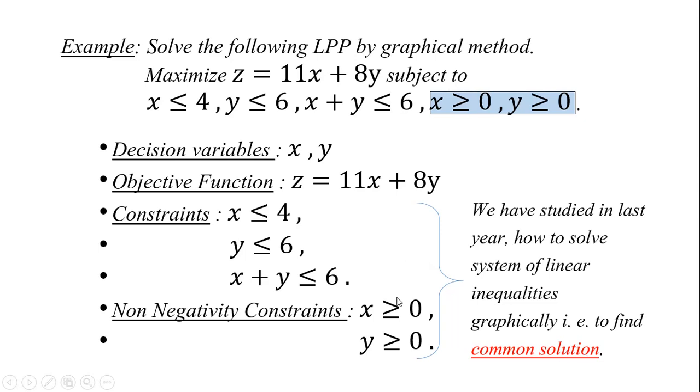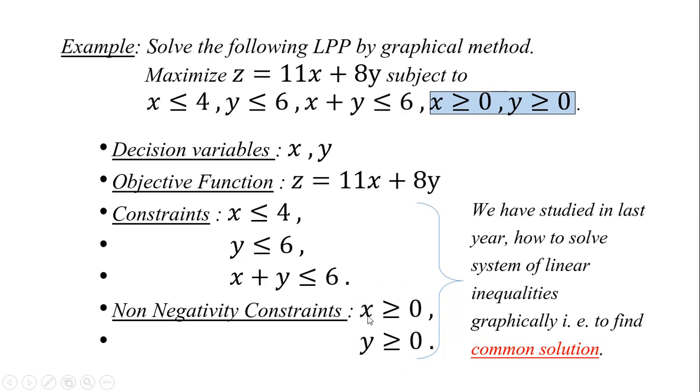So considering these two non-negativity restrictions, we have to plot the graph of these inequations and then we find common solution set of these three constraints which are in first quadrant due to these non-negativity restrictions.